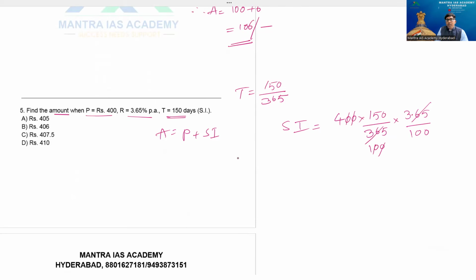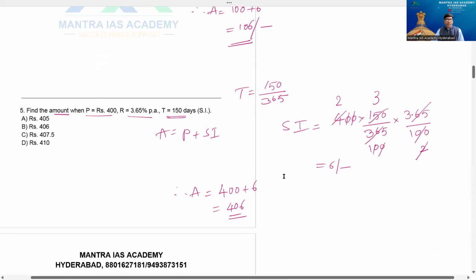So the 52s are 5 times 2 2s and 365 is 73 times 5. So SI is 6 rupees. He is not asking for simple interest but to find the amount. Principal is 400, 6 rupees interest, automatically it becomes 406. This is the method of doing it.